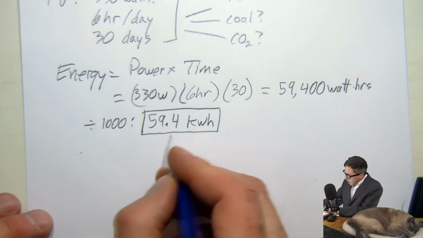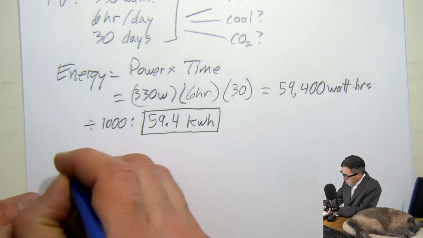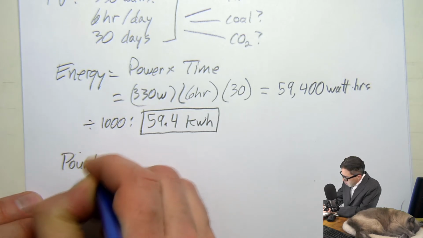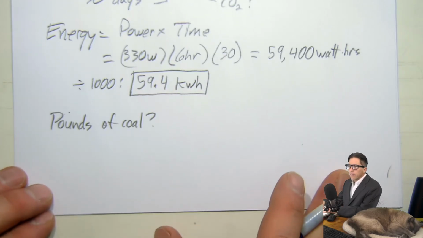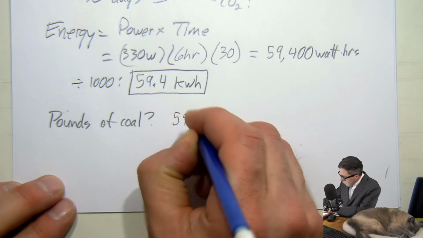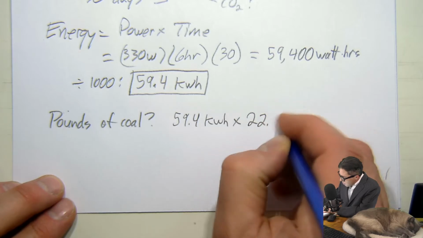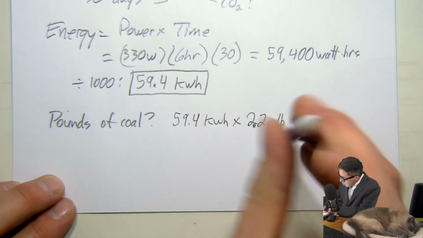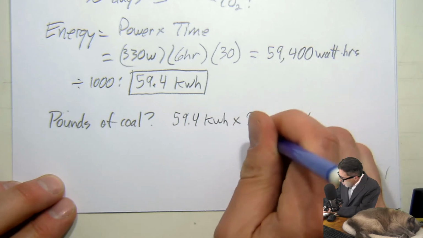As we saw in the beginning, for every kilowatt hour, I need to burn 1 kilogram, or 2.2 pounds, of coal. So let's say I ask you: how many pounds of coal did I have to burn in that month? I take my 59.4 kilowatt hours times 2.2 pounds of coal for every kilowatt hour.